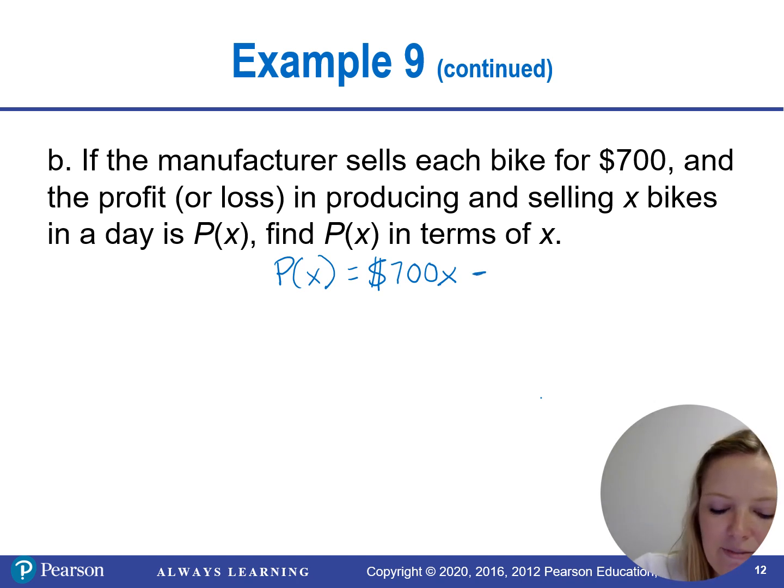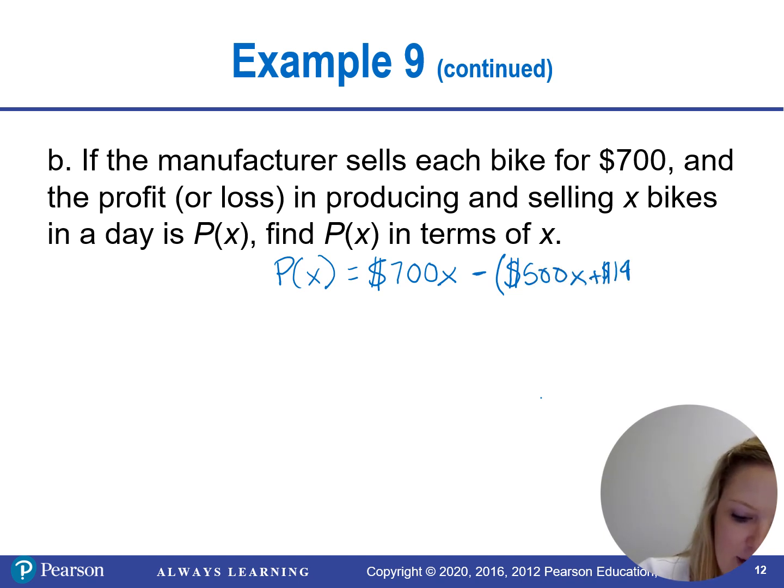Then we have to subtract the cost it's going to cost the manufacturer to make those bikes: $500 per bike plus $1,400 in overhead to produce x bikes.